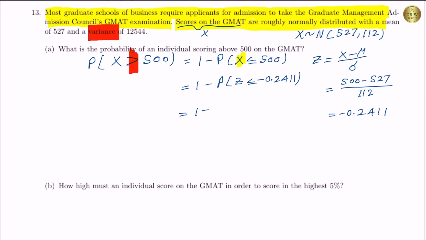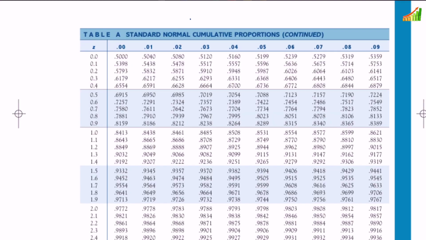Right. Now we need the probability. Then how do we find the probability? Go to the z table. What do we need to find? Probability Z less than or equal to negative 0.2411. But for the z value, we have only 2 decimal places. So as an example, how do we find the probability Z less than or equal to 1.329?